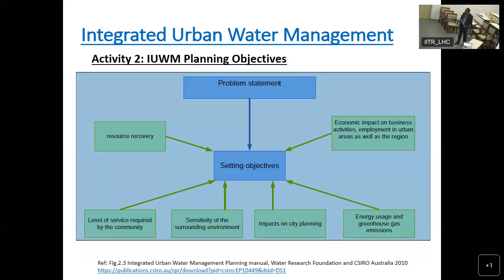Then the level of service required by the community: whether the community is happy with intermittent supply, or they need regular 24 hours pressure in the system, or they are happy with a dual water supply system, one for potable and one for non-potable. So all that has to be considered, and then the economic impact on the business activities, how much the cost will be.